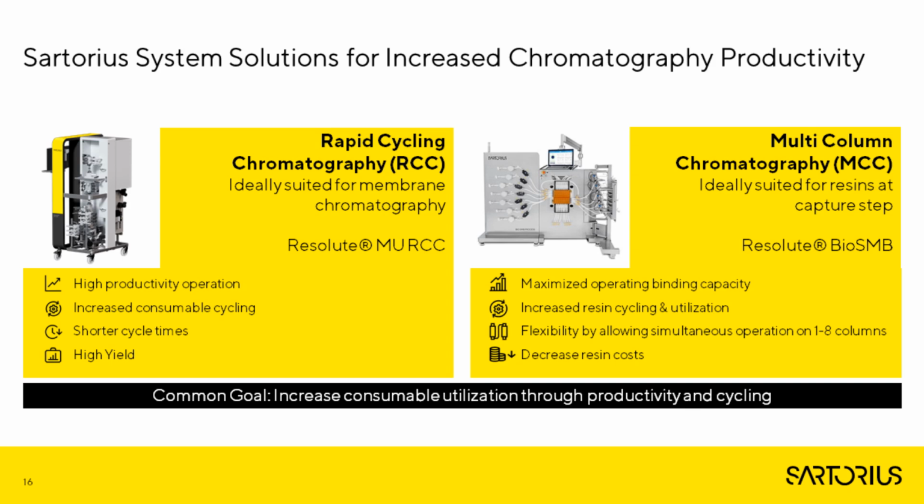And you can operate this system with overloading or without overloading. So you can also execute a parallel batch on that system. Okay, so here the common goal on both systems is to increase the consumable utilization through productivity and cycling.